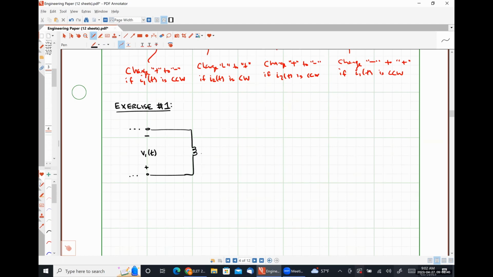Here is coil 1. I'm putting a dot on bottom, and I am defining current I1 like so. And then over here, I have my second coil. Dot is on bottom.